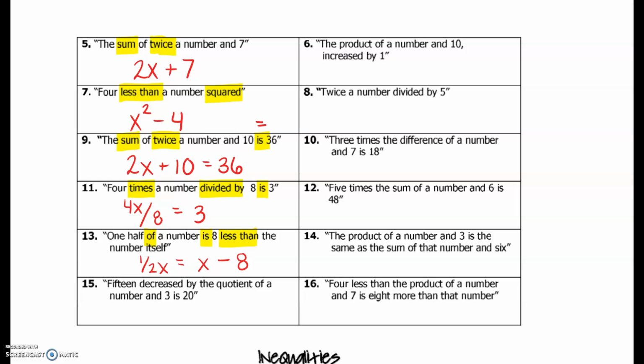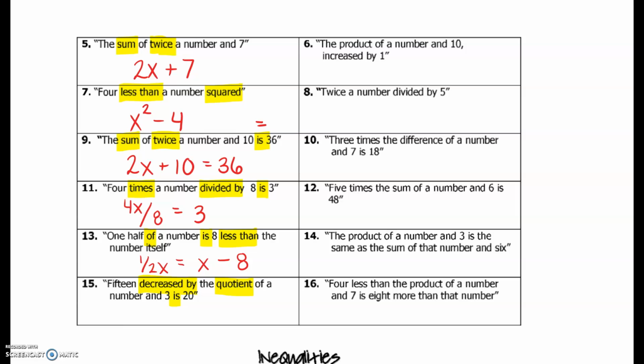For number 15, we have the phrase 15 decreased by. Decreased by should indicate to us that we are subtracting. And then we see the phrase the quotient of a number and 3 is 20. So a lot of key words here. Break it down by each piece so it's not so confusing.